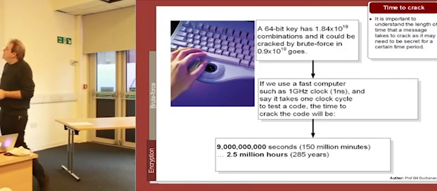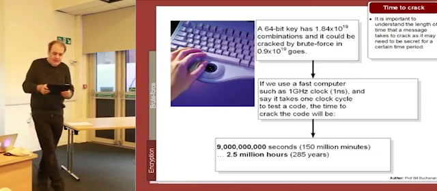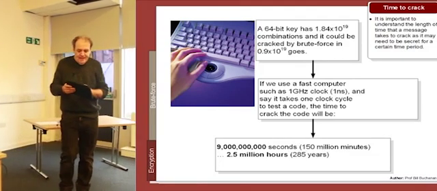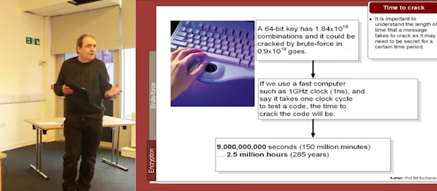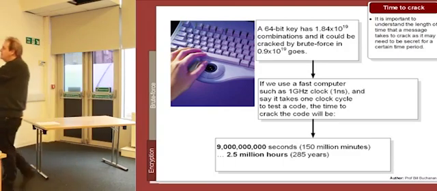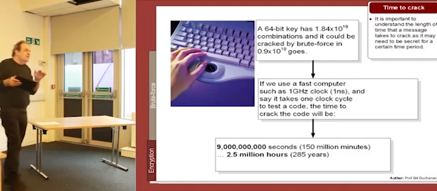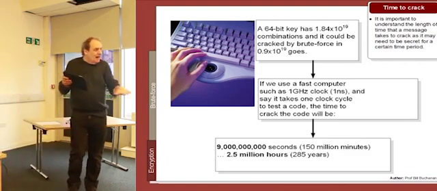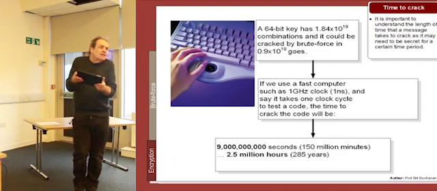So if we do the calculation, and we take a 1 gig clock, so it's cracking 1 billion a second, then it takes about 2.5 million hours to go through the full key space. 285 years to do that. On average, it'll be half of that. So it's still over 150 years.